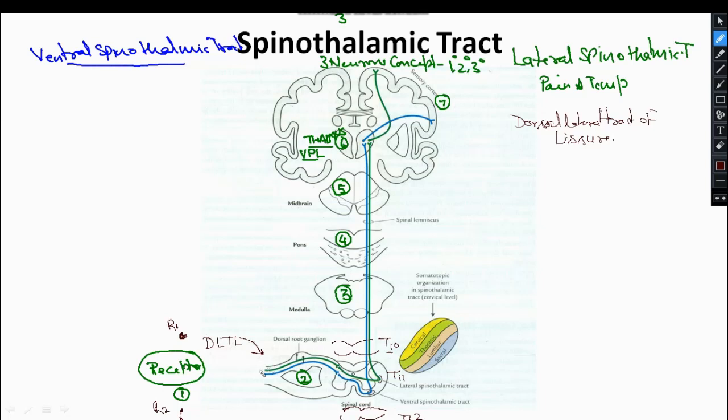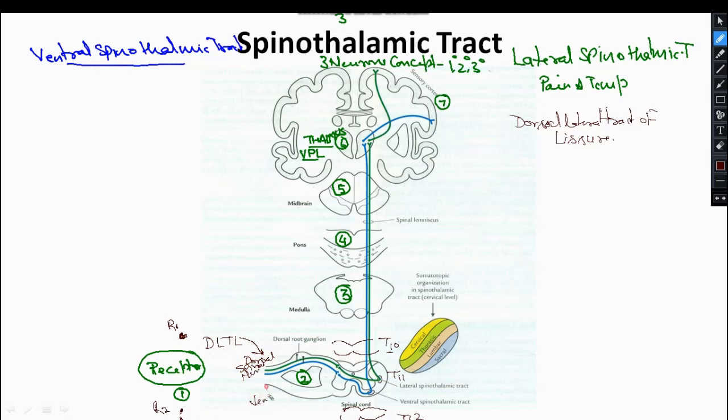Now we will see how the sensory modality passes from the first station, the receptor. The sensory modality passes from the receptor through this dorsolateral tract of Lissauer, and this nerve is the dorsal spinal nerve, and this one is the ventral spinal nerve.